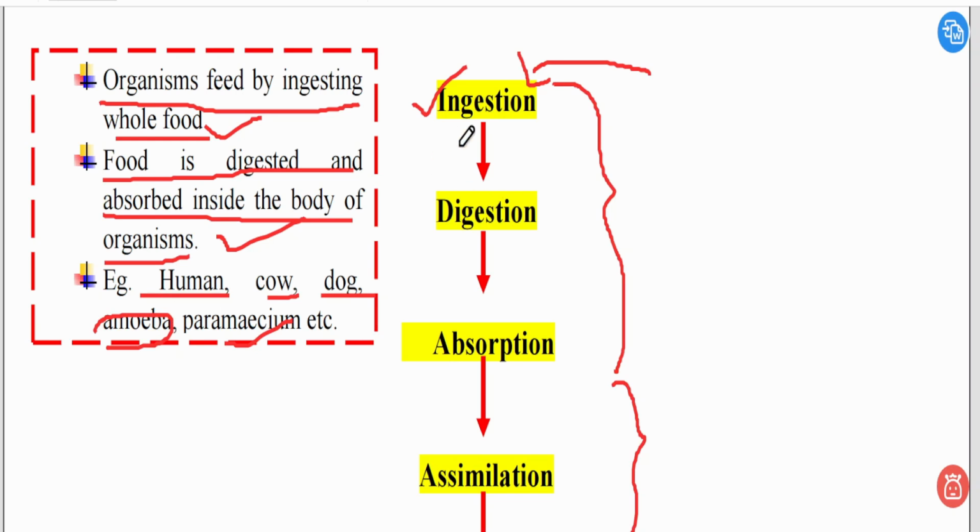After that, those food particles reach the stomach where the digestion process starts.